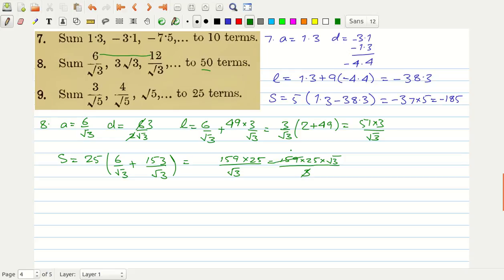This is equal to 50 divided by 15, plus 3 3 is 9.